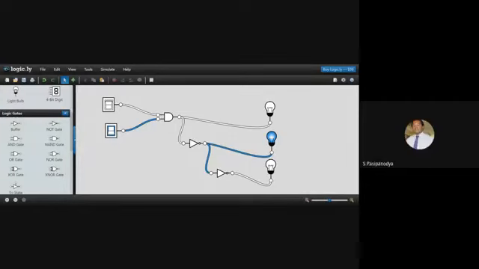Right. So when we put the NOT gate on the output of the AND gate, it converts the 0 to the 1 because our input currently is 0, 1. Do we understand Miriam's explanation?